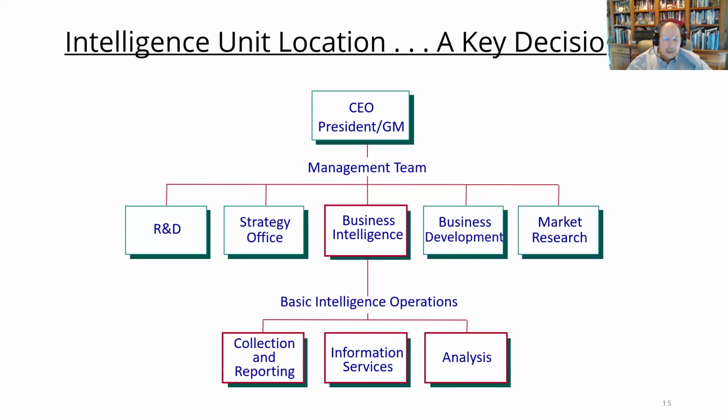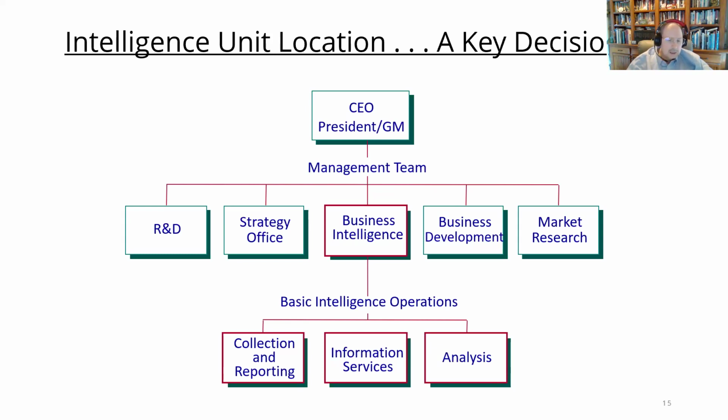In the 1980s, the first study of this question was done by Skip. They went to a large number of folks that were working in intelligence that were members of the organization. The data that came back showed that 40% of the intelligence groups were located in a strategy function, 30% were located in a market research function, and the rest were mixed.